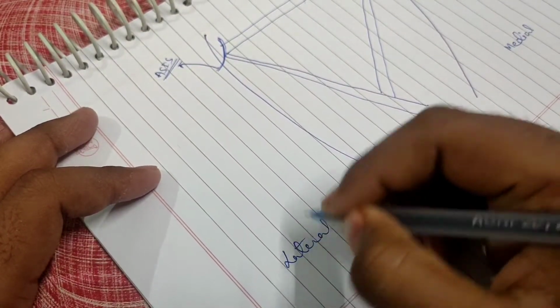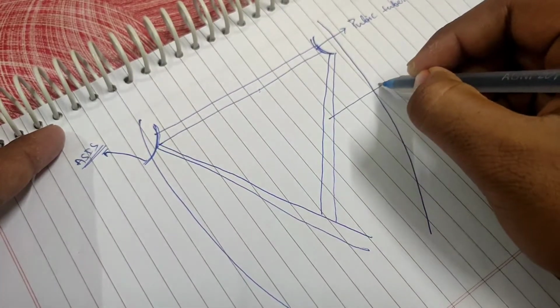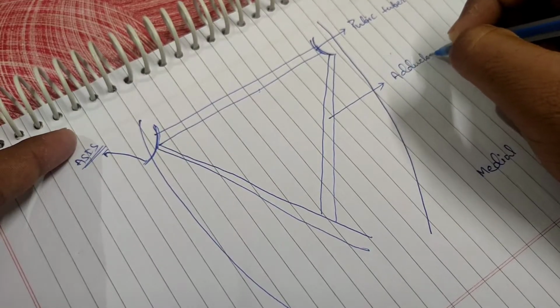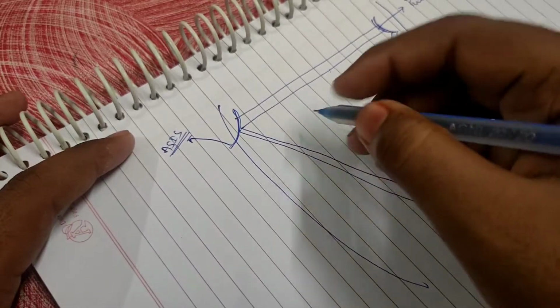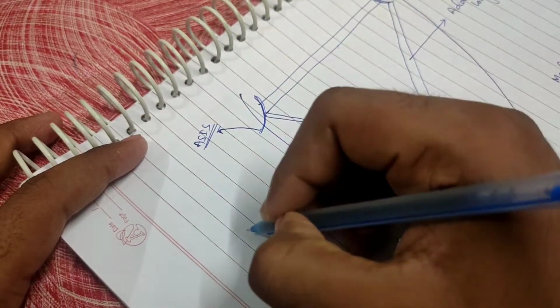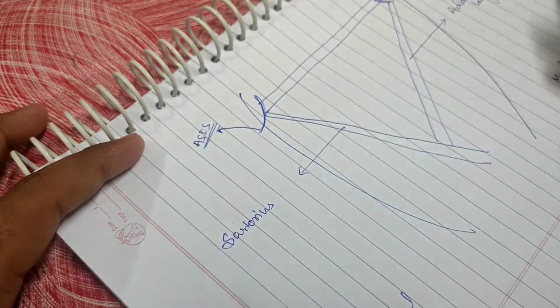Okay, now the medial border is made up of adductor longus. And the lateral border is formed by the sartorius muscle.